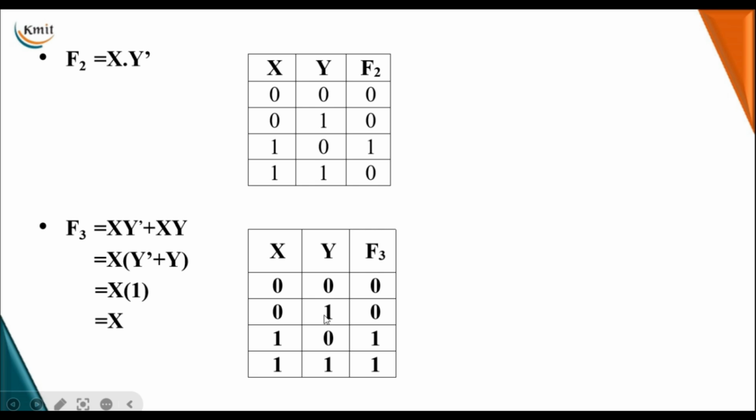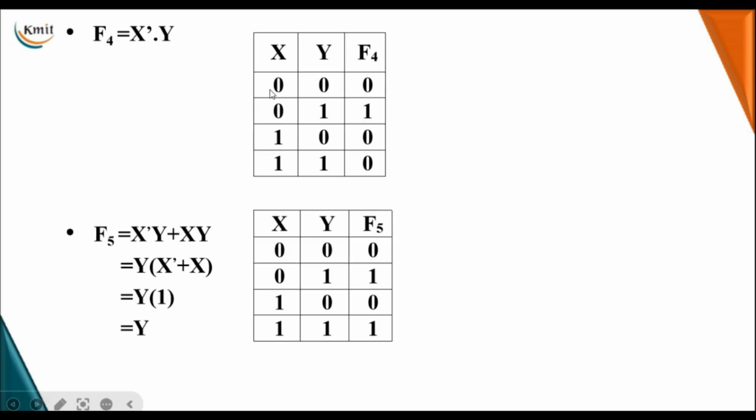In the second combination, xy is 0 1, where F3 is equivalent to x. In the third combination, xy is 1 0, and F3 follows the x value, so it is equal to logical 1. For the last combination, 1 1, F3 follows the input x. So F3 is equal to x.